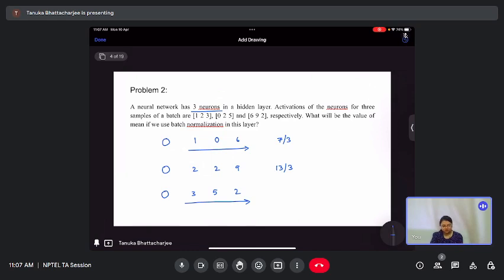And for the third neuron, we have 10 by 3. So we are computing the mean over the activations given by the different data samples. We have 3 different data samples, so we divide by 3 and just do this average. This will be the value of the mean.